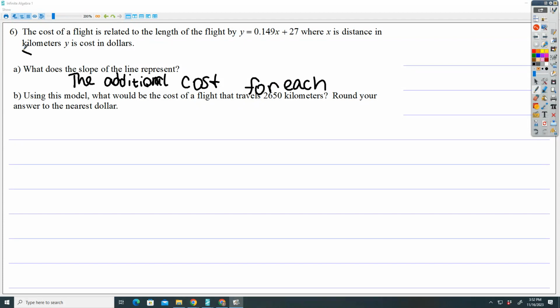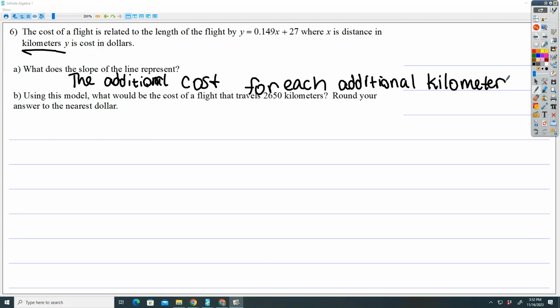You're getting charged by the kilometer. So that's what you say: the additional cost for each additional kilometer. Since the equation is about cost, the slope has to be related to the cost, and you're getting charged by the kilometer, so you have to include that.